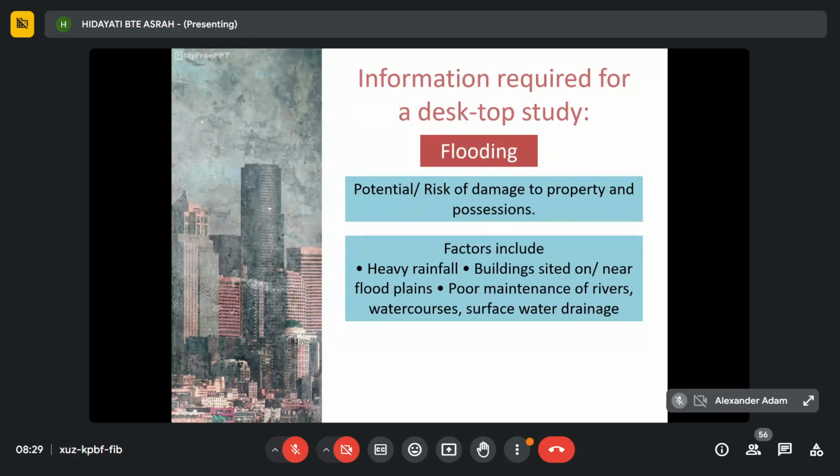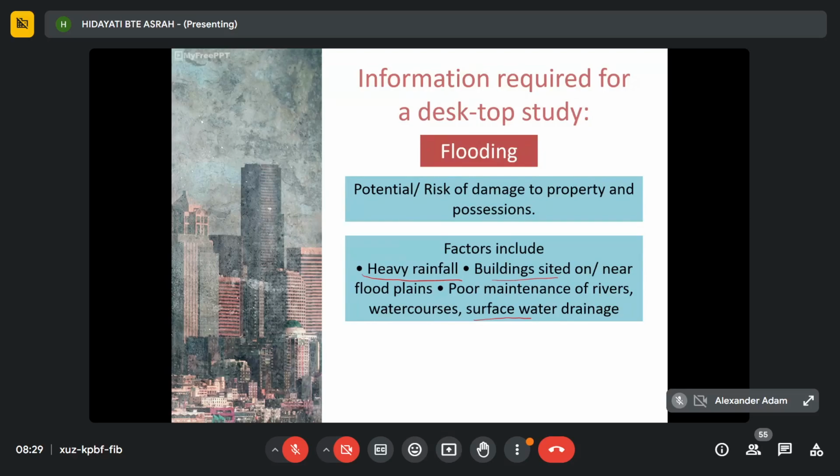Usually, it is related to heavy rainfall, poor maintenance of rivers, water drainage, surface water drainage, building the site on or near the floodplain, and so on. So you need to check if there is any history of previous flood on the site. This one is also important.